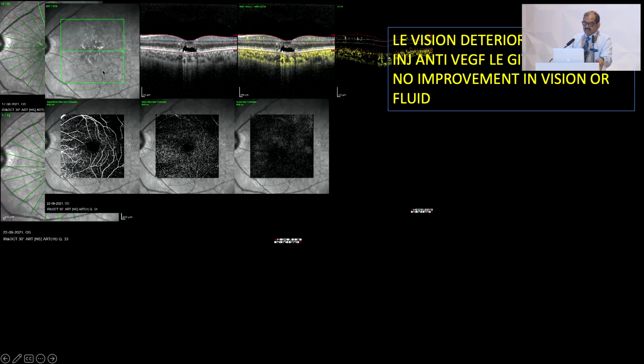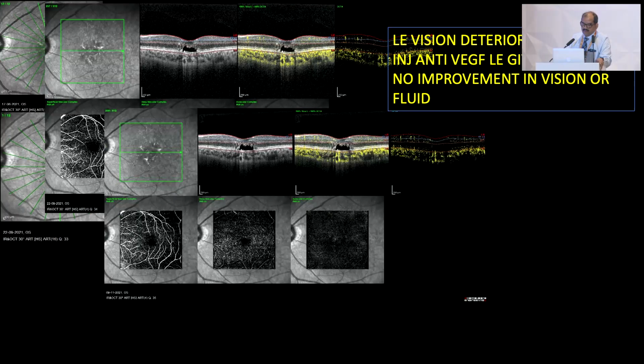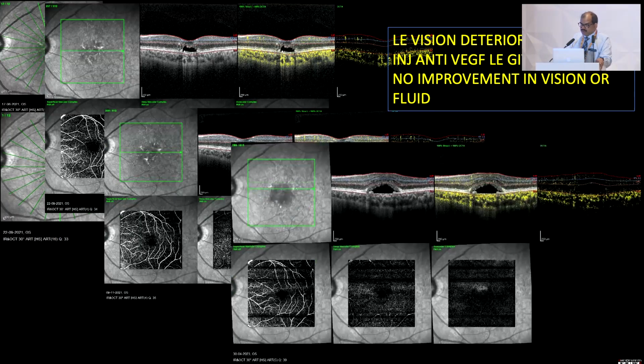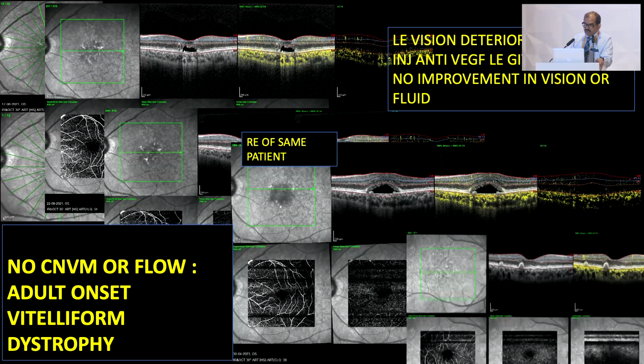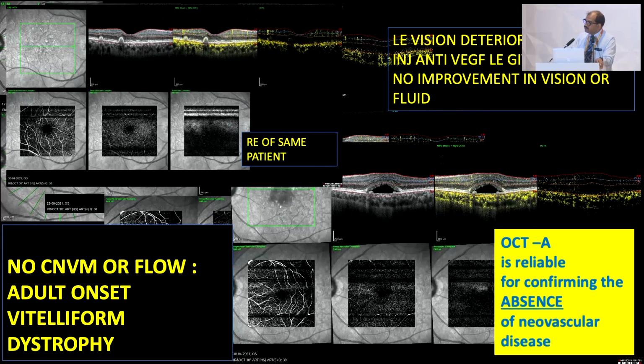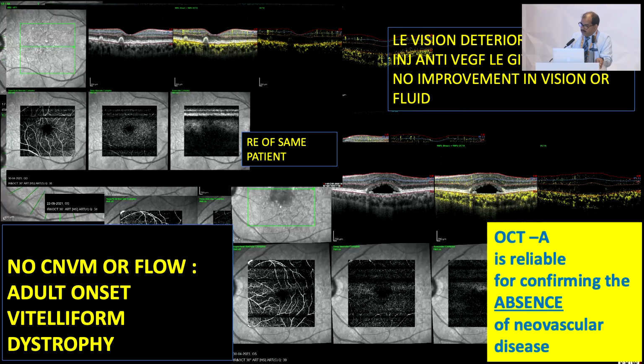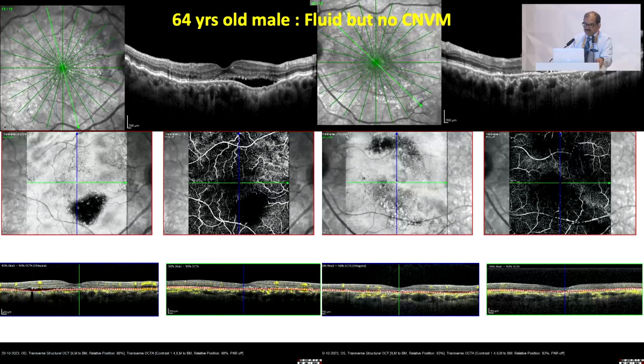Considering this as serous fluid, this patient was given an anti-VEGF injection, but there was no improvement in vision or in the presence of fluid. OCT angiography revealed that there was no flow, there was no choroidal neovascularization. Actually, this was a patient of adult onset vitelliform dystrophy.